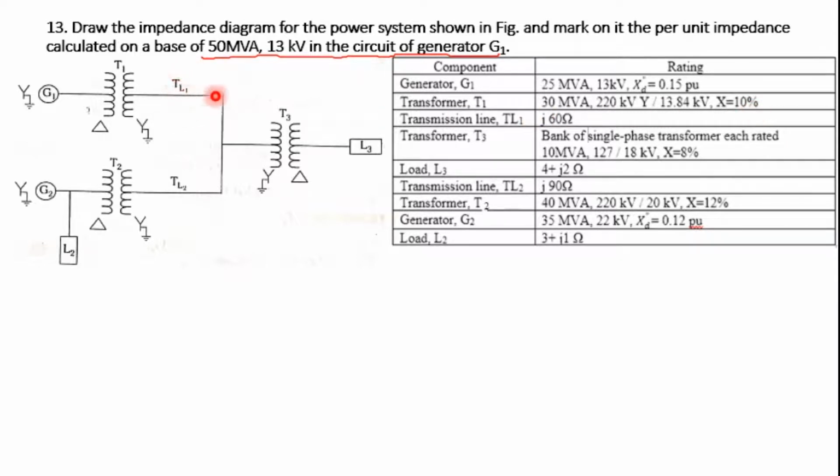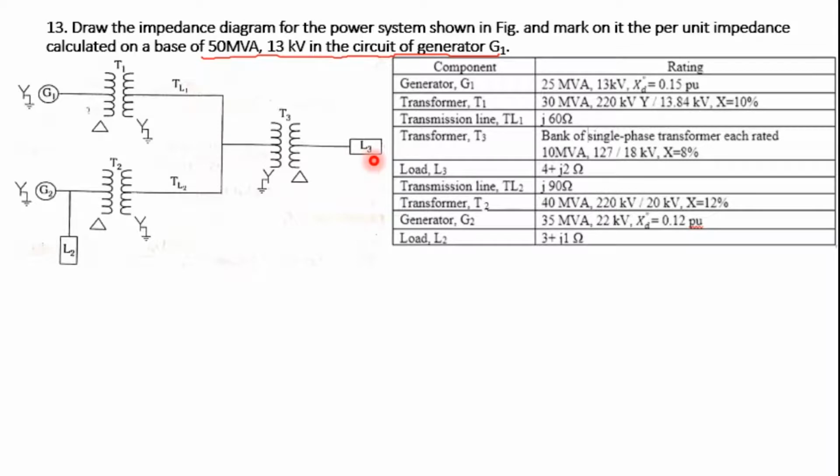Transmission line 1 has a reactance of 60 ohm. T3 is a bank of single phase transformers rated 10 MVA, 127 kV for star and 18 kV for the delta side, reactance of 8%. Load L3.